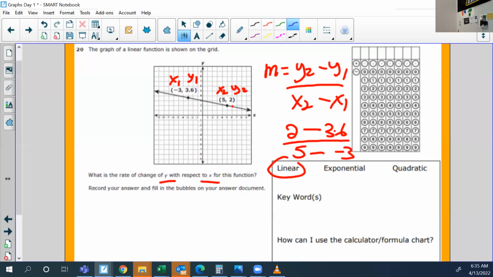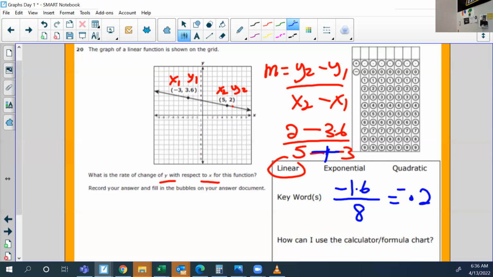So this is going to give you a positive. Now 2 minus 3.6, and you can use a calculator, is negative 1.6 over 5 and 3 is 8. And I think it's going to give you negative 0.2, if I do my math correctly.